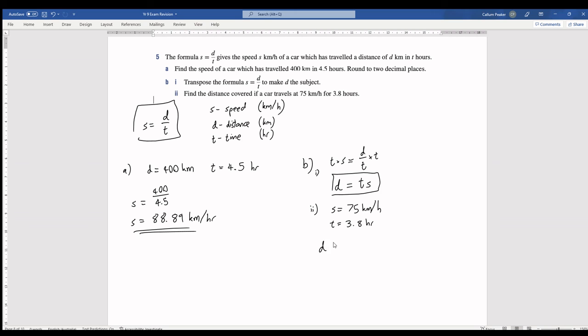So we know what d is in terms of t and s. So d is equal to t, which is 3.8, times s, which is 75. And that gives you a total of 285 kilometers. And that would be how you solve part B.